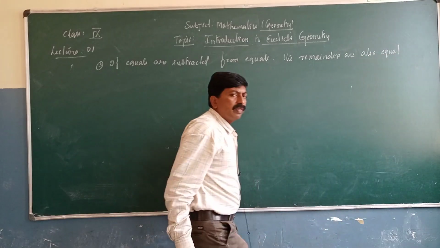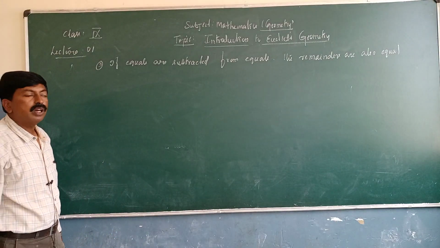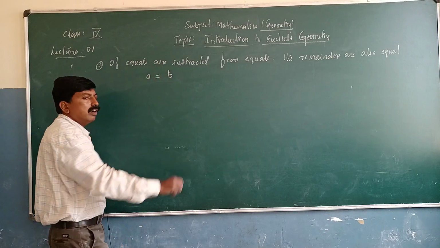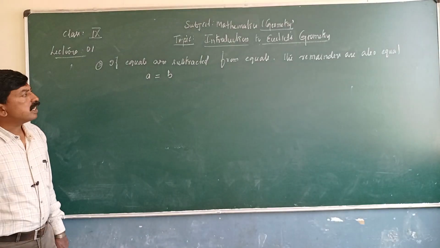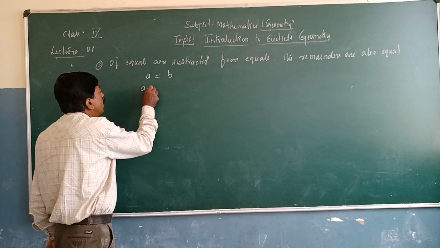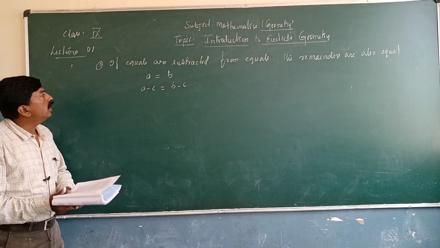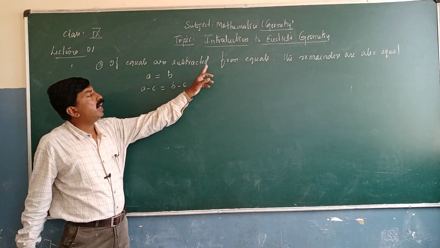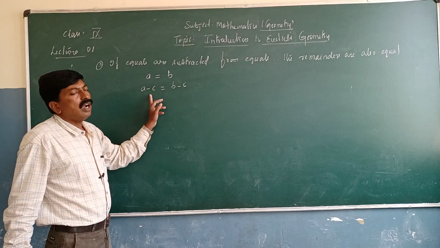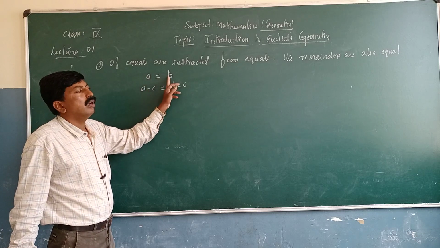Now another axiom. If equals are subtracted from equals, remember A and B are equal. Subtract C from these two equals. So A minus C is also equal to B minus C. Remember, C and C are equal. That C you have to subtract from A and B because A and B are also equal.